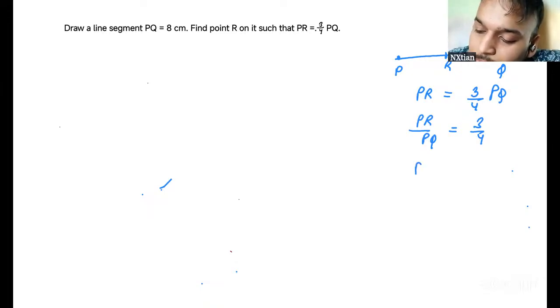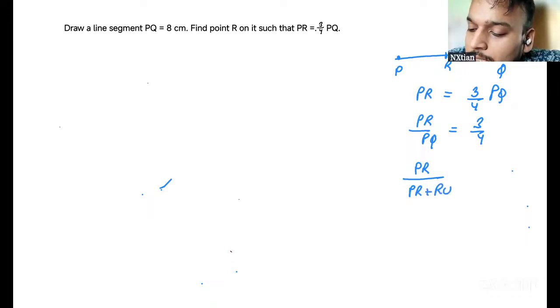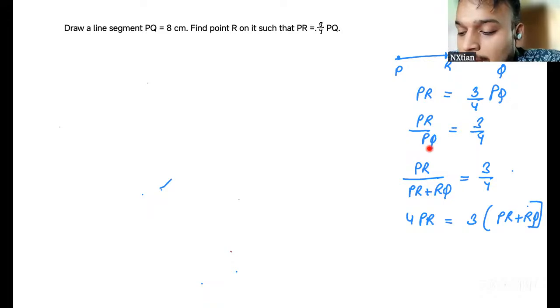So now PQ can be written as PR plus RQ, so PR upon PR plus RQ is equal to 3 by 4. So 4 PR is equal to 3 into PR plus RQ. Now what I did here, see guys, can I write this whole PQ as PR plus RQ? This is in division form, it will go to the other side, we can multiply, so 3 into PR plus RQ. Understood guys? Yes or no?